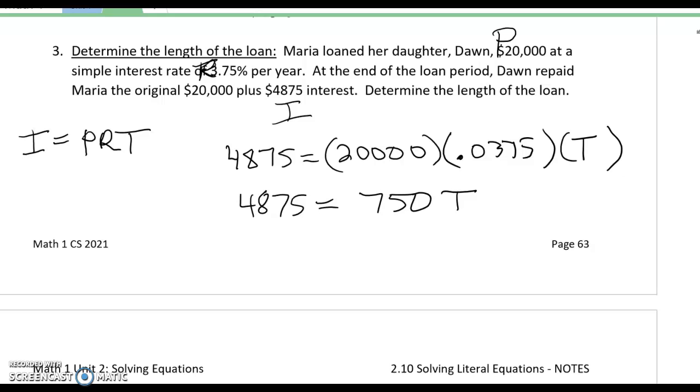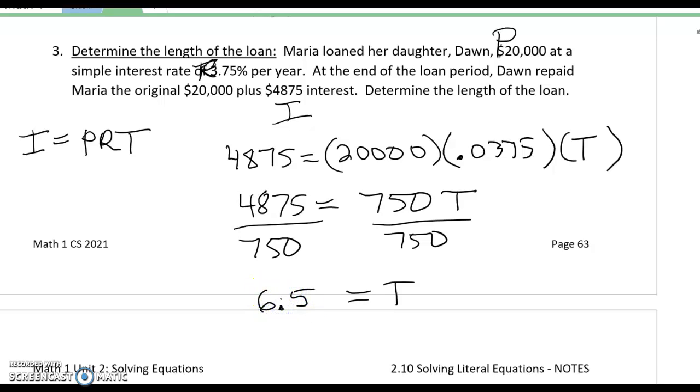We're solving for T, so we need to get rid of that 750. Since it's being multiplied, we are going to divide it out. Divide both sides by 750. We get T is equal to 6.5. So the length of the loan is 6.5 years.